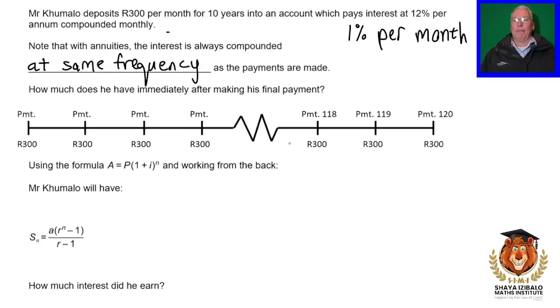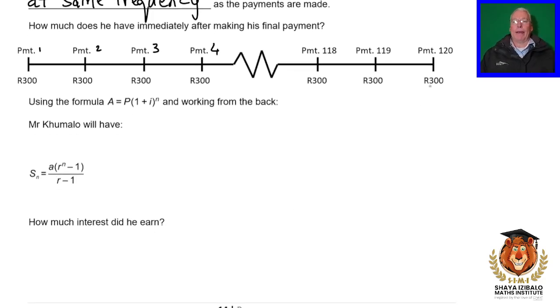So let's have a look at what happens here. He makes all these payments. This is payment number 1, payment number 2, payment number 3, payment number 4. We can't fit them all in. Then the last three payments, 118, 119. So if we look from the back, at the end, this last payment, if we assume we want the balance over here, what's the total at this point?